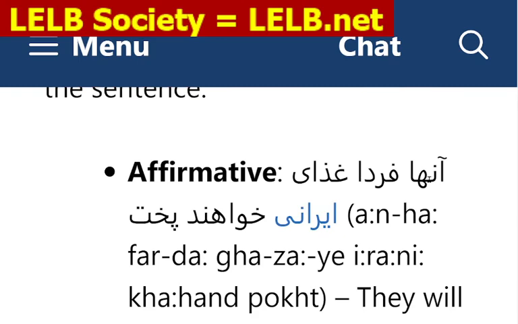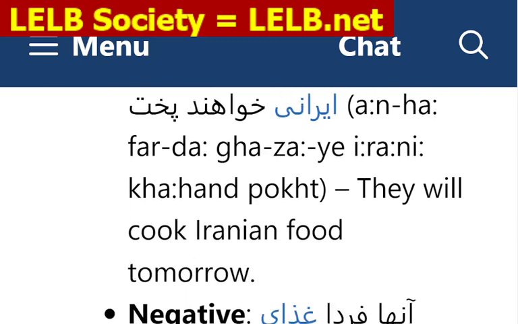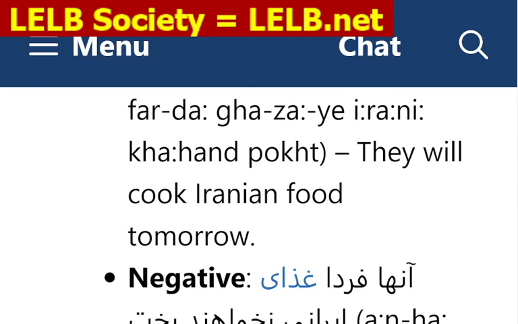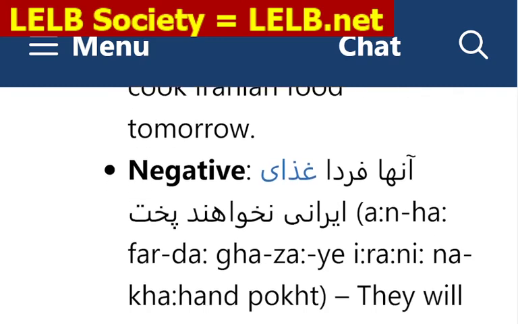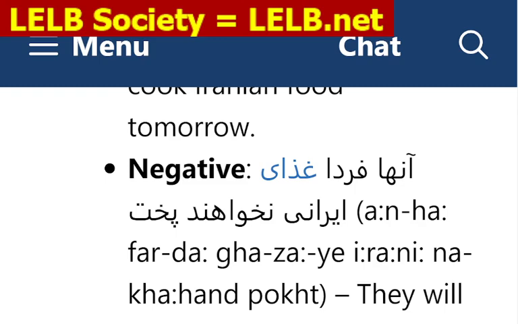For example, affirmative, or مثبت in Farsi we call it: آنها فردا غذای ایرانی خواهند پخت. They will cook Iranian food or dish tomorrow. And the negative is آنها فردا غذای ایرانی نخواهند پخت.